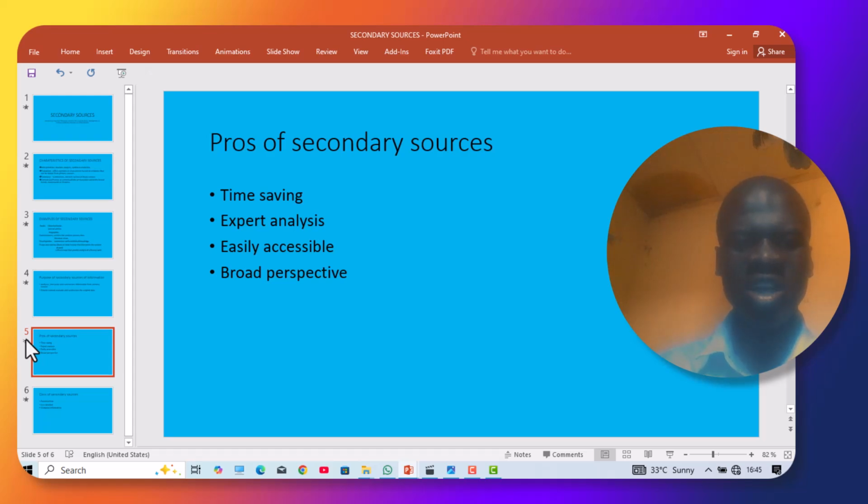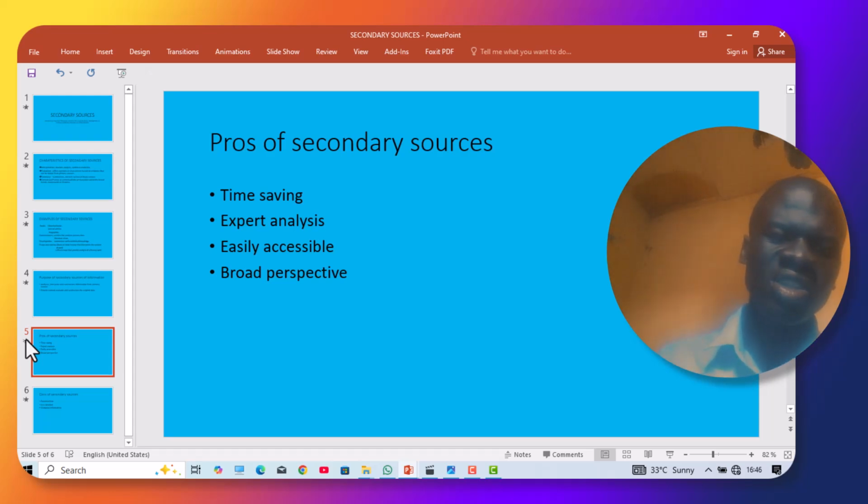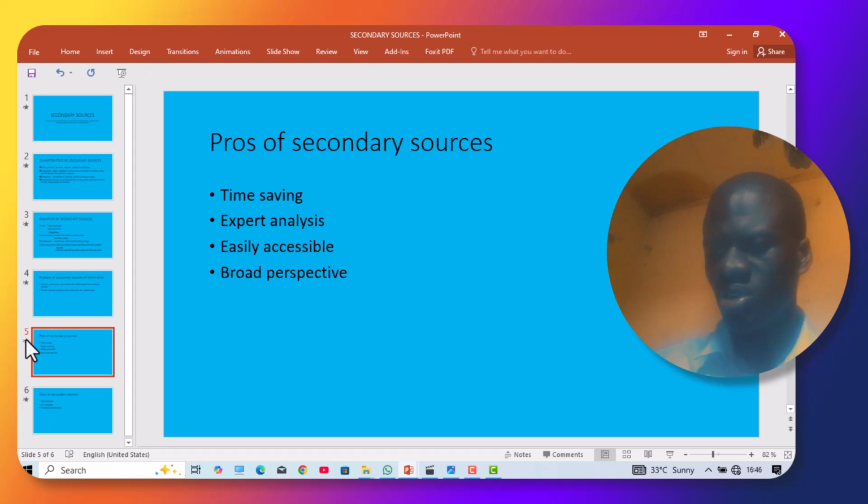Then we look at expert analysis. This work is often written by experts, and this work summarized by experts is always interpreted. Then the next one is easily accessible.